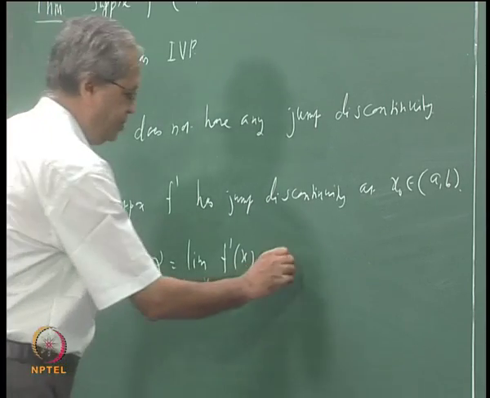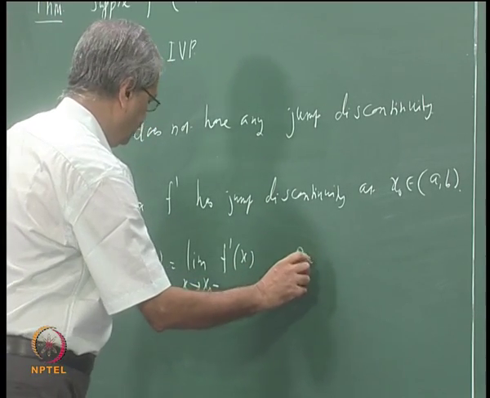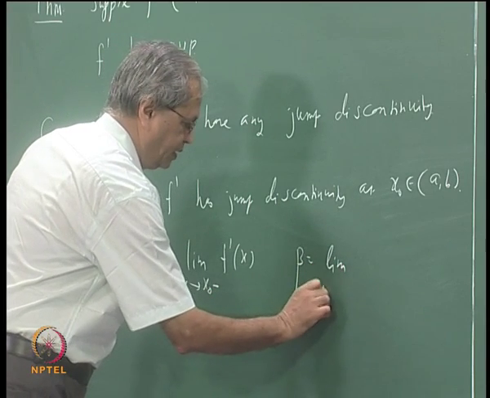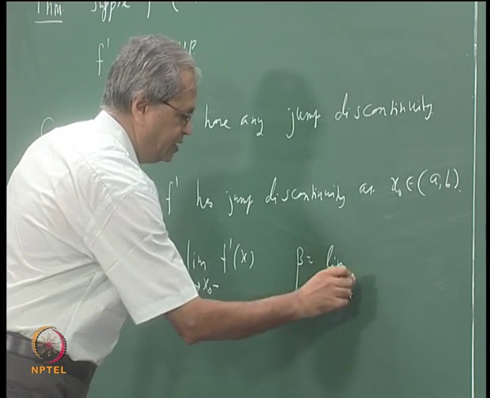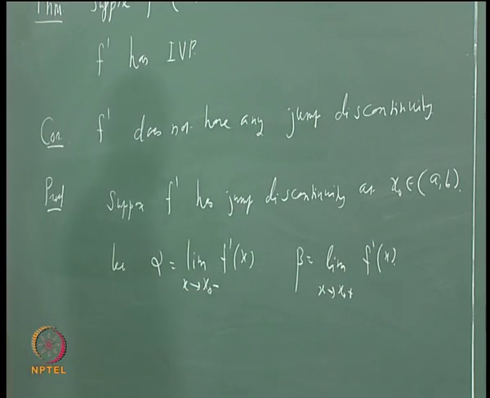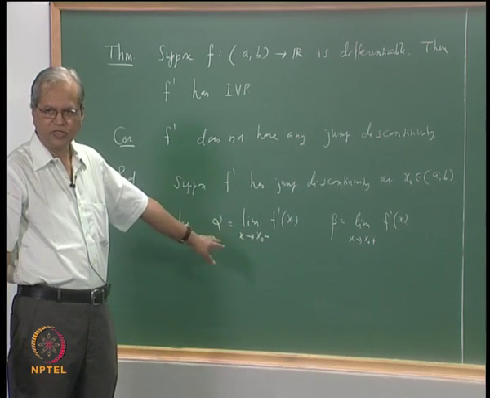And let us say beta is limit as x goes to x naught from the right hand side of f prime x. Then jump discontinuity means alpha is not equal to beta, and alpha is not equal to beta means what? Either alpha is less than beta or alpha is bigger than beta.